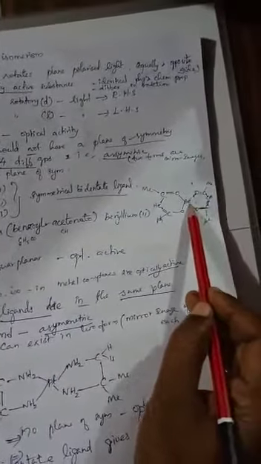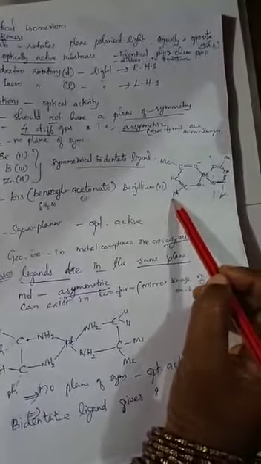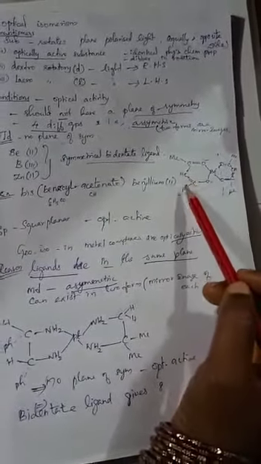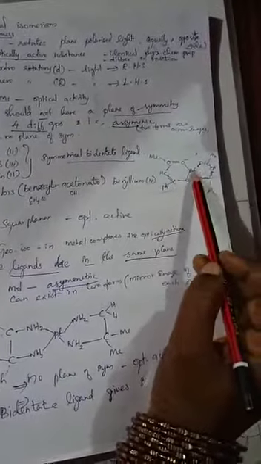See here, the beryllium is linked with the symmetrical bidentate ligand. Oxygen is the donor atom. This one is the benzoyl group and acetyl acetonato, and in the same way on the opposite side also.